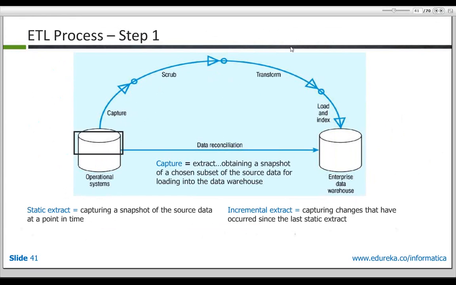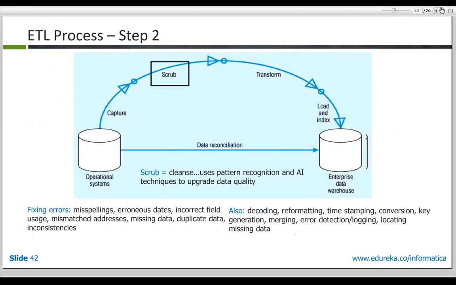Scrub means fixing errors, misspellings, erroneous dates, incorrect fields, mismatched addresses. All that information comes under the scrubbing part. Also decoding, reformatting, time stamping, all these minor changes or any error handling you would be doing come under the scrubbing part.